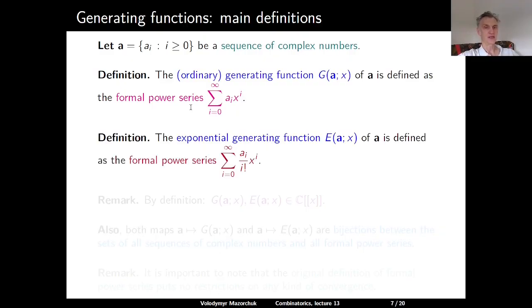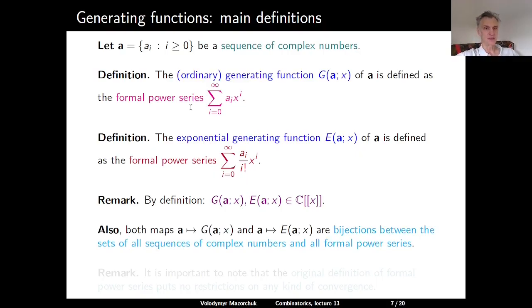And another definition, the exponential generating function E(A, x) of this sequence A is defined as a formal power series, the sum over all i from 0 to infinity of a_i divided by i factorial times x to the power i. So by definition, both the ordinary generating function and the exponential generating function of any sequence is a formal power series with complex coefficients because we look at sequences of complex numbers.